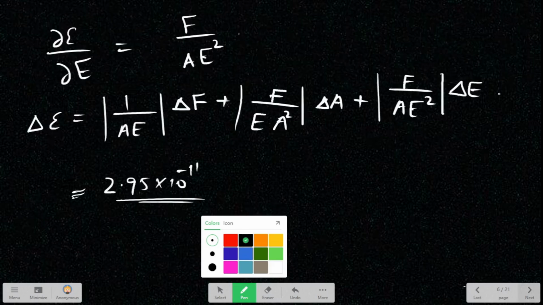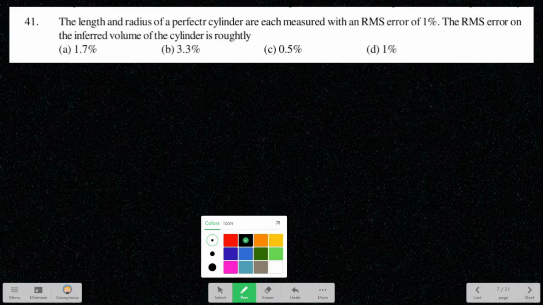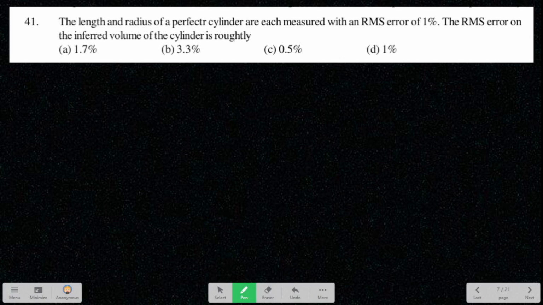Moving on to the next question. This is a question from JEST 2012. So I will first give you an example.